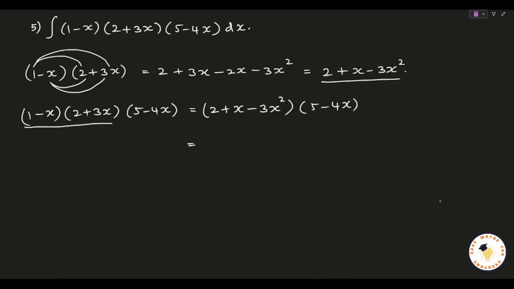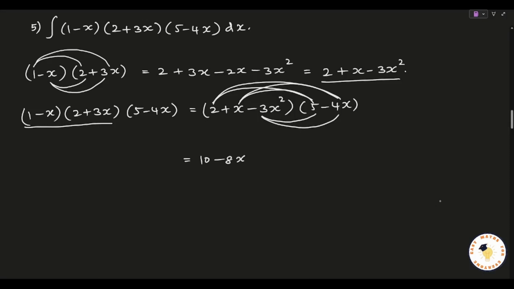Again using the same product rule of algebraic expressions, we get 2 into 5 is 10, 2 into minus 4x is minus 8x, plus x into plus 5 is plus 5x, plus x into minus 4x is minus 4x square, minus 3x square into 5 is minus 15x square, minus 3x square into minus 4x will be plus 12x power 3. We need to simplify this further.